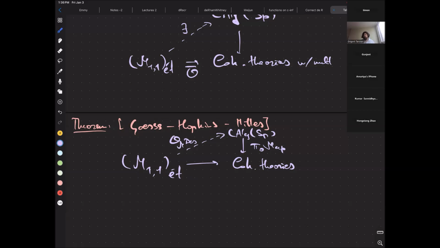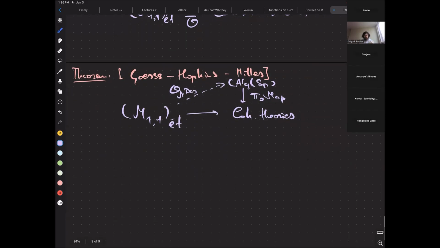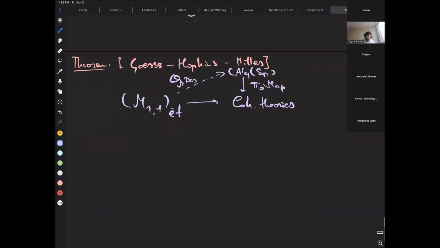But for elliptic curves, you have many different elliptic curves over the same ring. And so the construction of this lift sort of gives you the universal elliptic cohomology theory. So it doesn't itself correspond to any one elliptic curve, but rather to all of them at once.